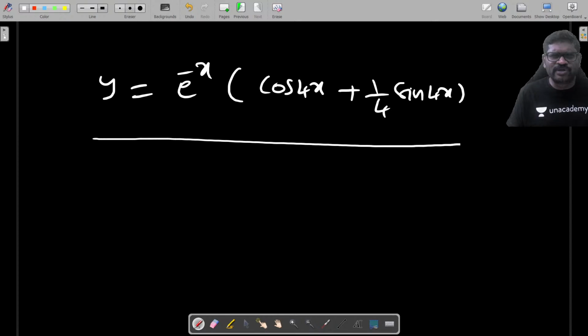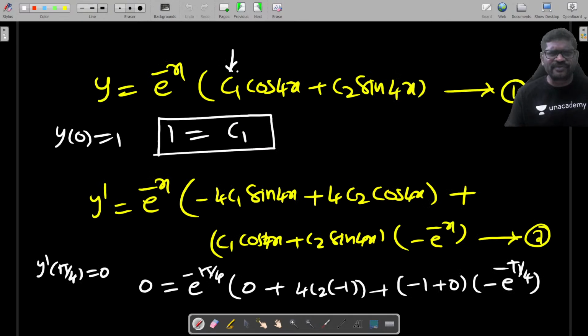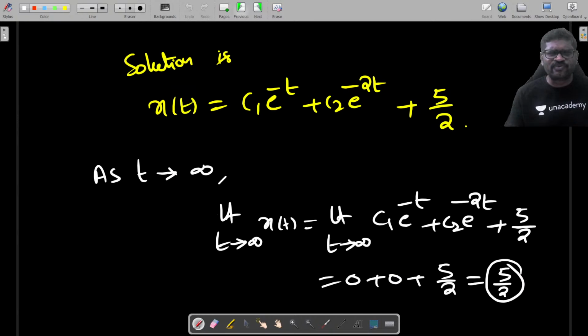So y is equal to e power minus x of cos 4x plus sin 4x by 4. Next problem. So final answer is e power minus x of cos 4x plus sin 4x by 4.